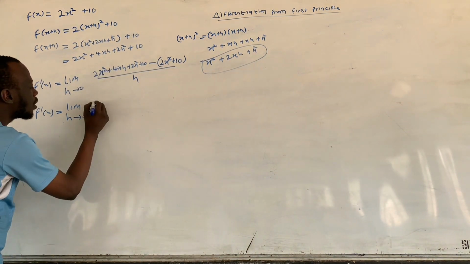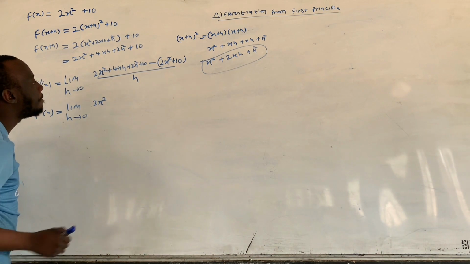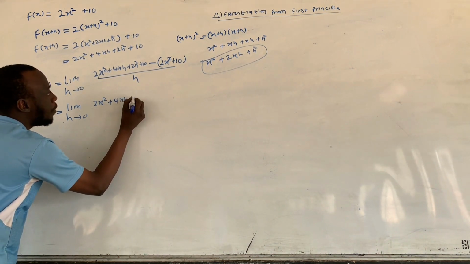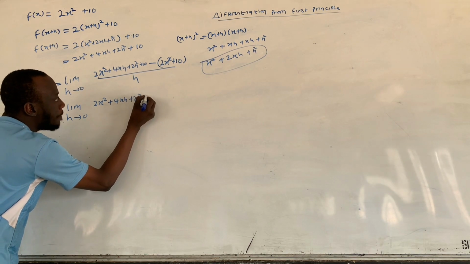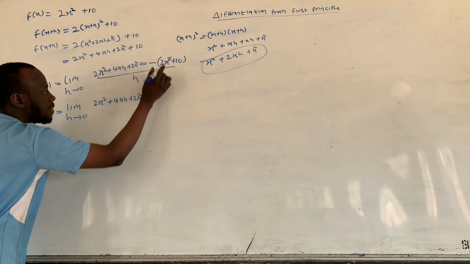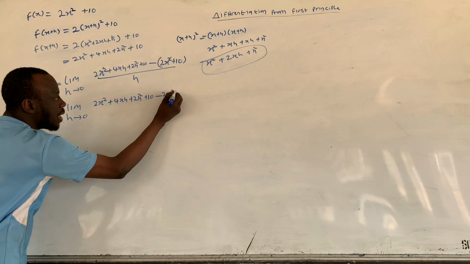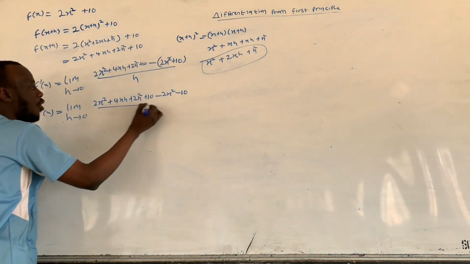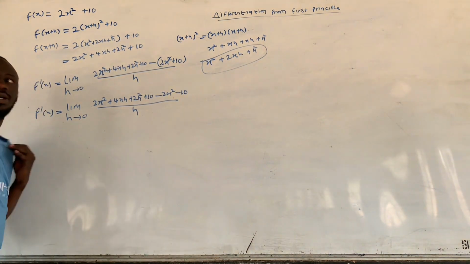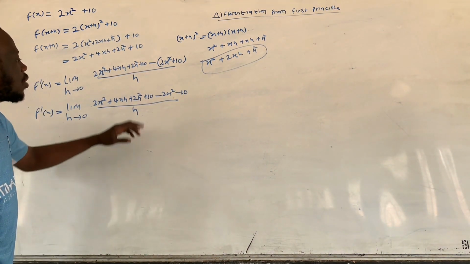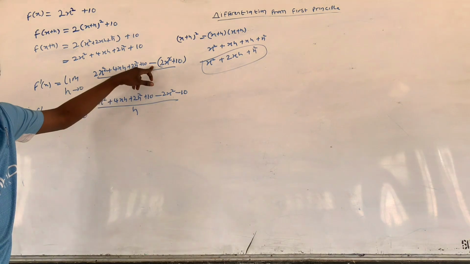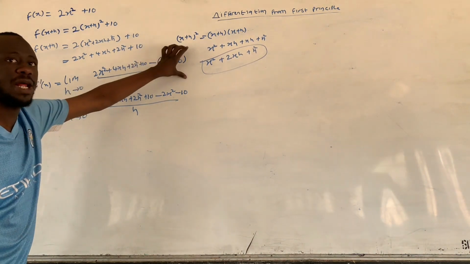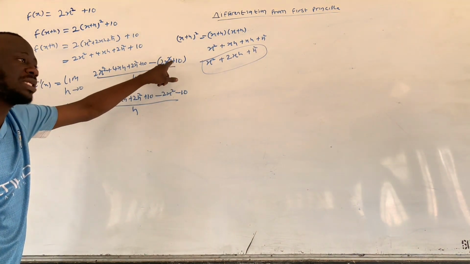Here we have 2x squared plus 4xh plus 2h squared plus 10, minus the bracket 2x squared plus 10, all over h. Please, this is the kind of mistake that people normally make while solving this kind of question, because we need to put f of x inside brackets so that the minus sign will affect all the terms.